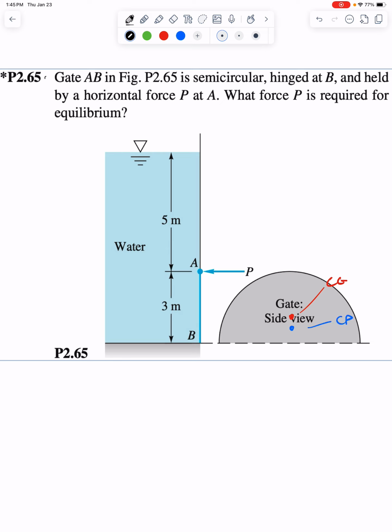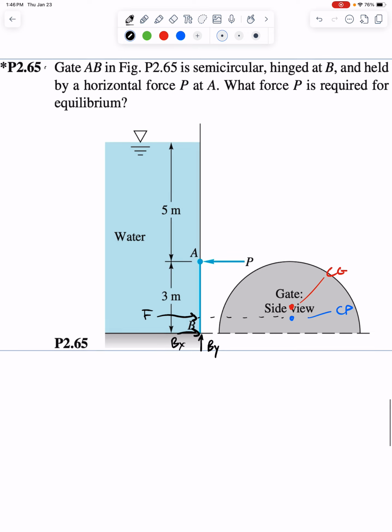And once again, the force acts on the center of pressure. So yes, we have the force of the fluid pushing out on the gate. We have force P holding the gate closed. But because the gate is sitting on the floor, we also have reaction forces being applied. So it's something to keep in mind when we go to the problem.